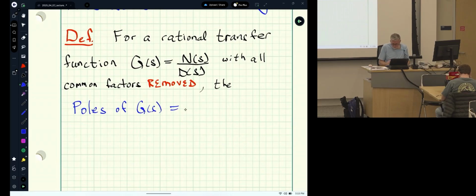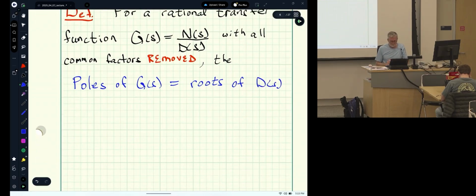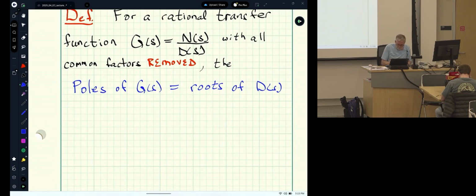The poles of G of S are the roots of D of S. And the zeros of the transfer function are the roots of the numerator.